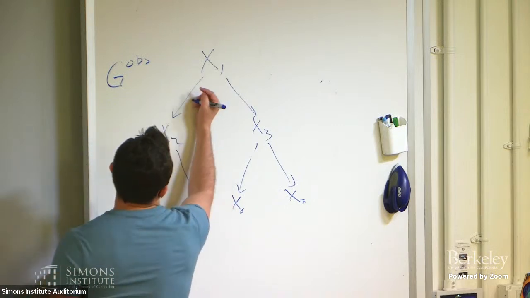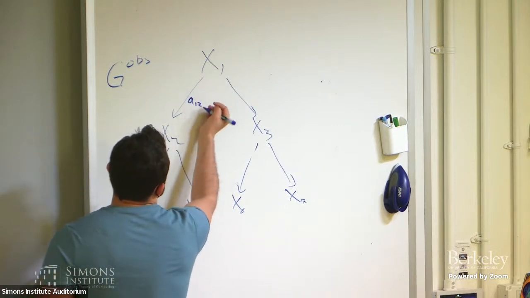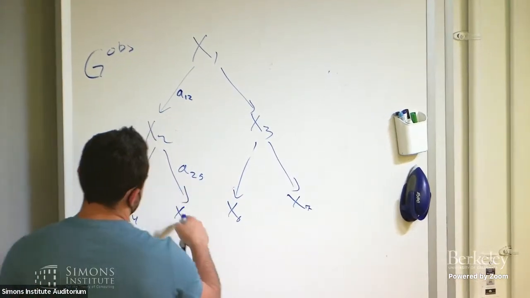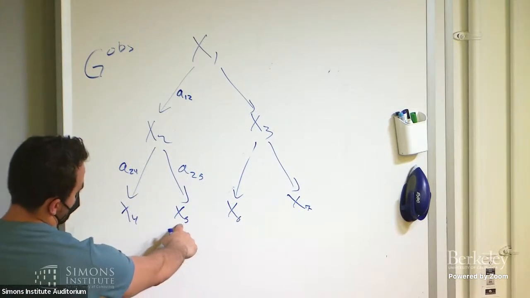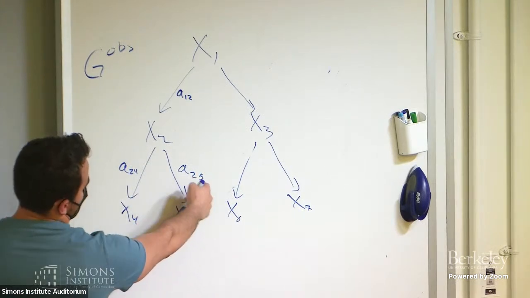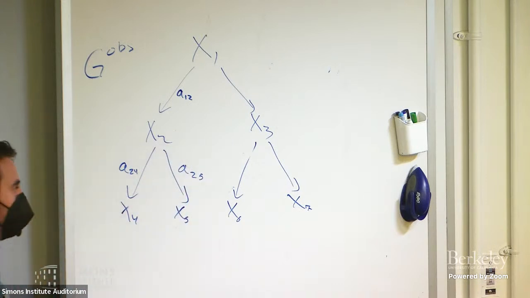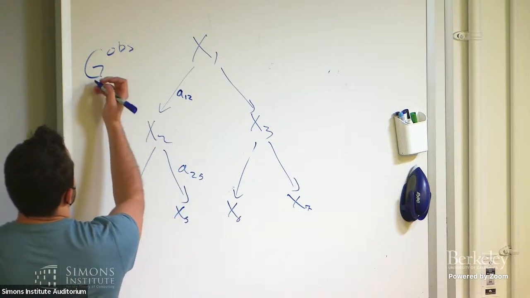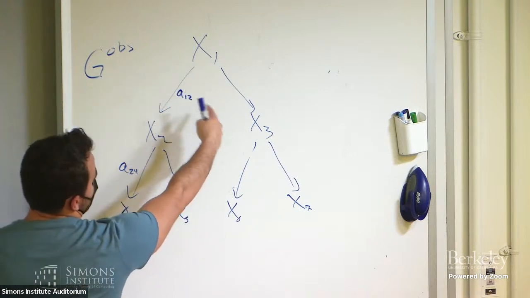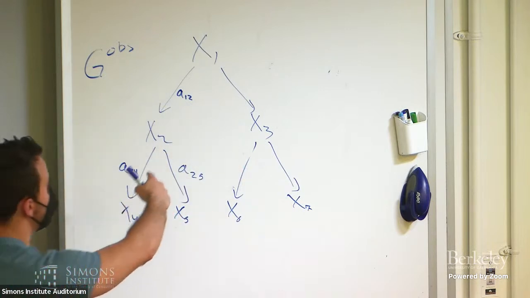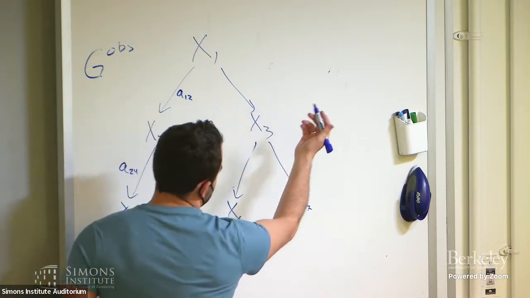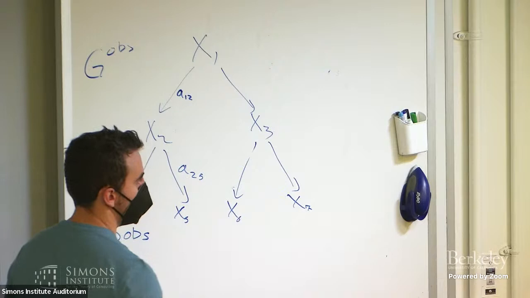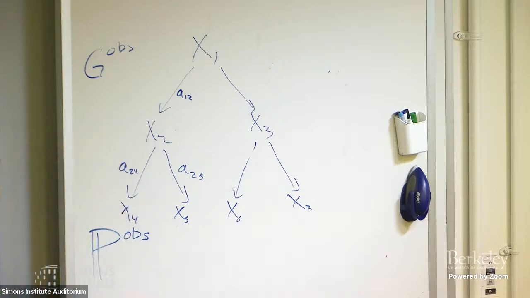Imagine this is a linear structural equation model, so each of these edges gets some edge weight, and each value will be the edge weight times its parent, plus some mean zero noise. So these A's are going to induce some observational distribution over your model, over the axis.